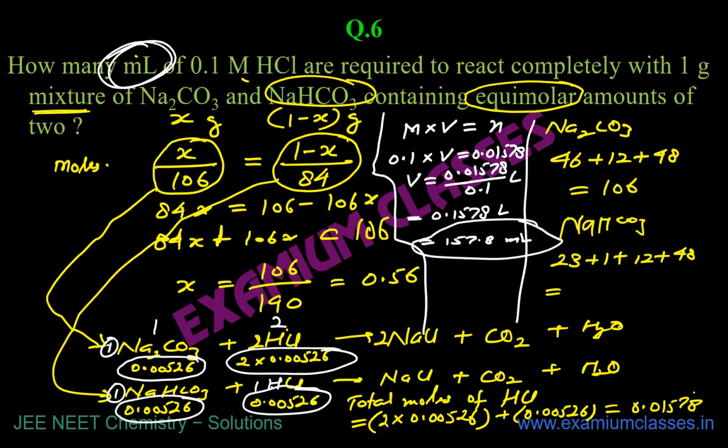From the number of moles you will calculate volume. If you don't apply this one, just apply the formula of molarity. Molarity is equal to number of moles divided by volume of solution. From here you can get M into V equals N.